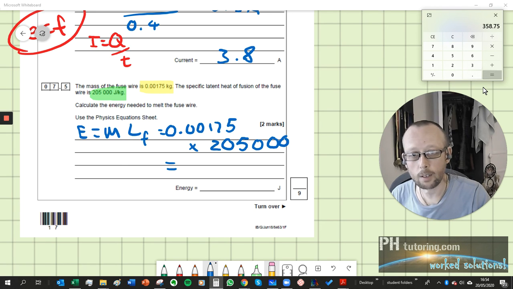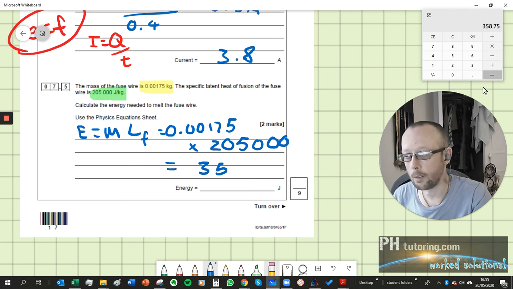Okay, does it tell you to round it up? It doesn't tell you to round it up, but we could round it. The mark scheme allows you to put 359. I mean the answer is obviously 258.75, but 359 is what they said.